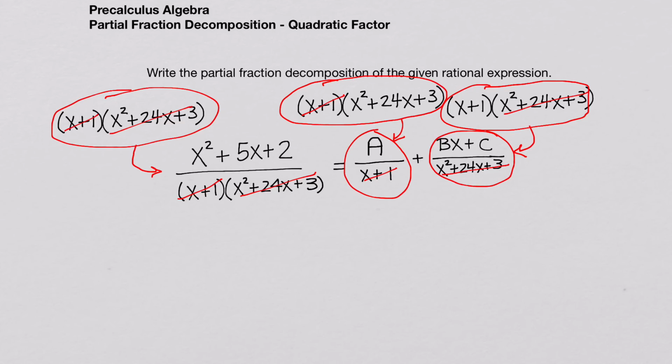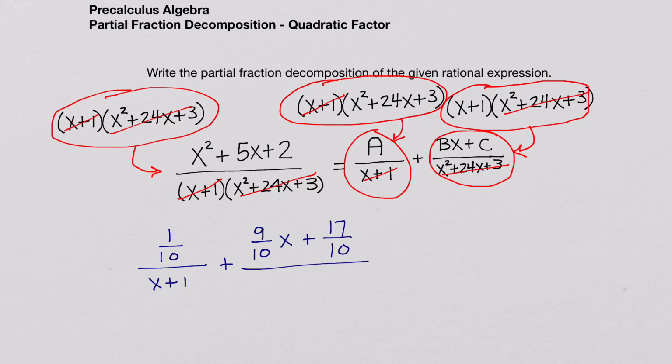So A turned out to be 1 over 10, and I write that all over the x plus 1, plus, and then we have Bx plus C, and B we just found was 9 over 10, and that's times x, plus, and C was 17 over 10, and I take that whole mess and I write it over x squared plus 24x plus 3.